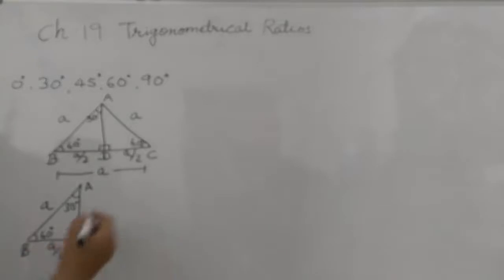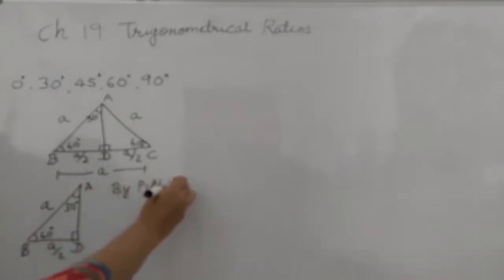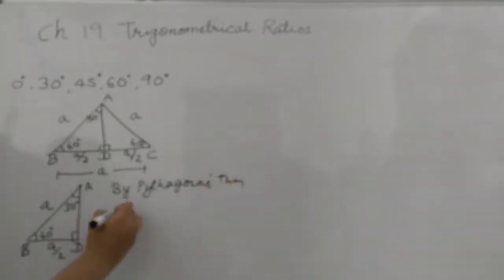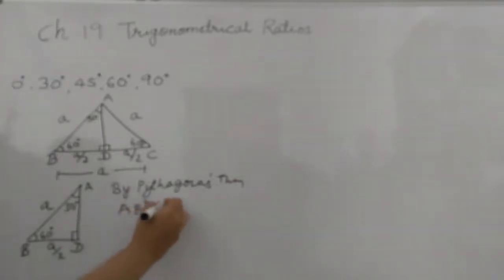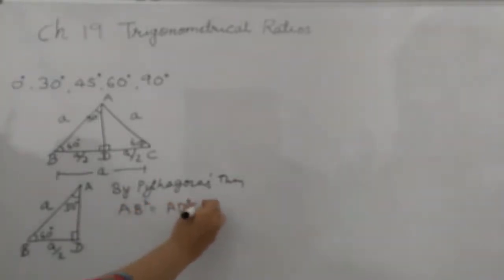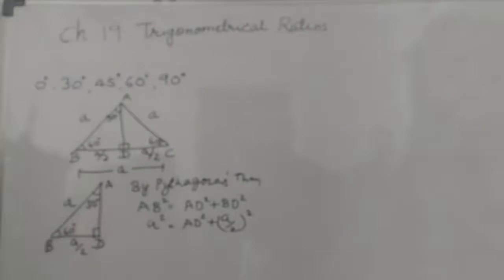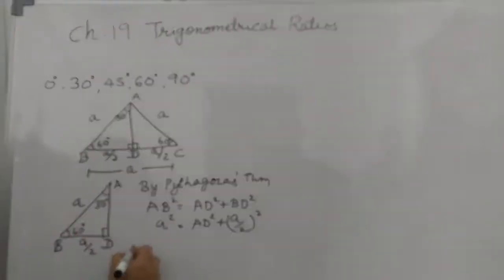So first of all I write, by Pythagoras theorem, AB square, AB is the hypotenuse, is equal to AD square plus BD square. So I write A square is equal to AD square plus BD, which is A by 2, whole square. Now making AD square the subject, A square minus A square by 4.